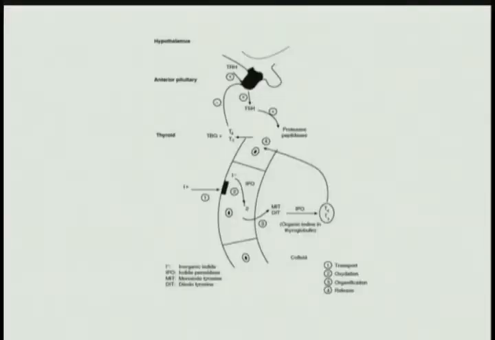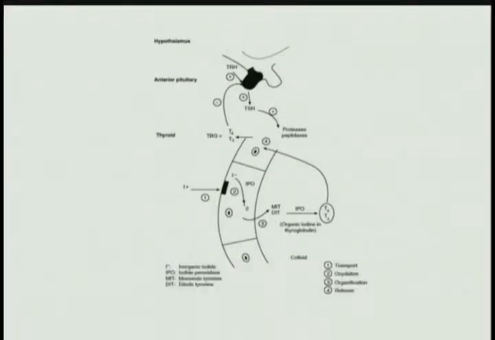Now, if you look at this chart here, you'll notice also that there's a feedback from T3, T4 back to TSH, right? So the feedback loop back to the pituitary is through TSH, and then at an even higher level, hypothalamic thyrotropin releasing hormone, all the way up here.